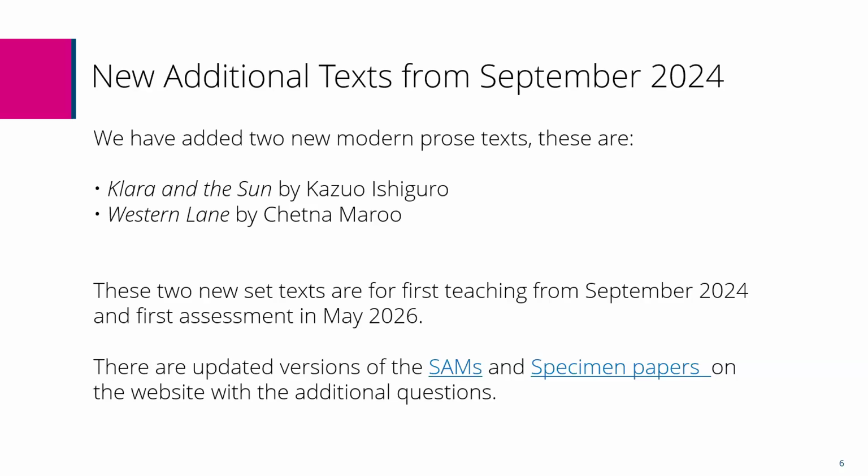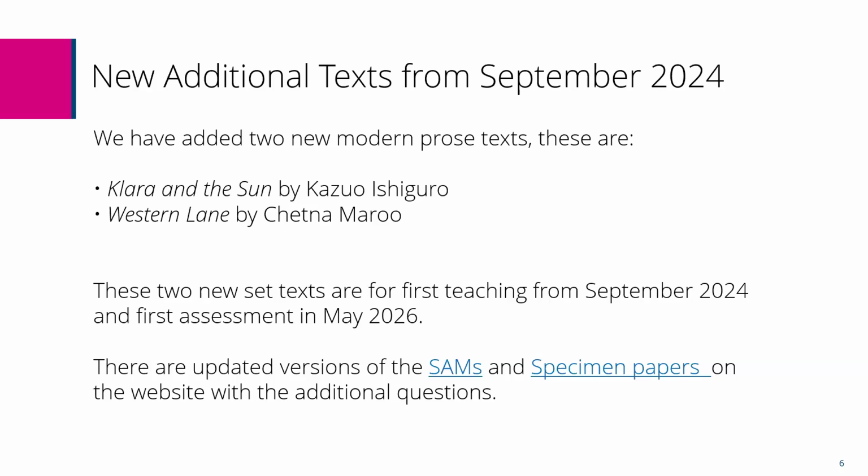We're going to support those with knowledge organisers, a teacher guide, and a scheme of work. They're going to be available next month, mid to late October, on the Pearson website. Those 2 new texts are Klara and the Sun and Western Lane. So just a bit of excitement there: no texts are being taken away, but 2 more are being added.